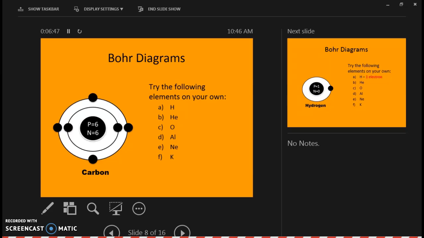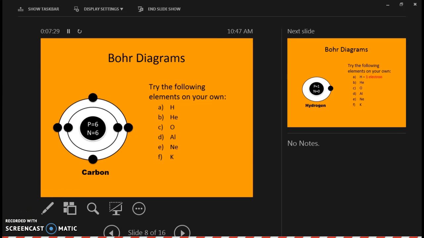So what I want you to do at this point is to pause the PowerPoint and start adding the electrons as you go through. Okay, so don't forget to add the symbol, the atomic number, and the mass number for all of the atoms as well. Once you're done with hydrogen, helium, oxygen, aluminum, neon, and potassium, then you can come back and check your answers.